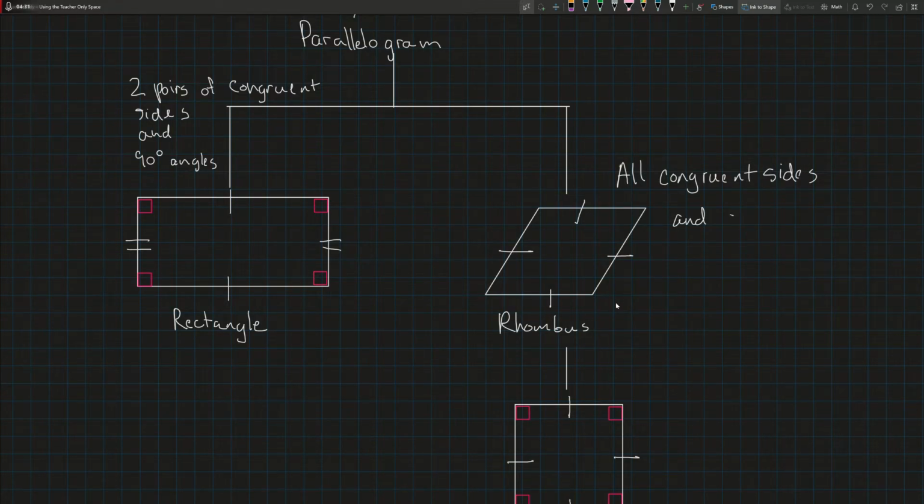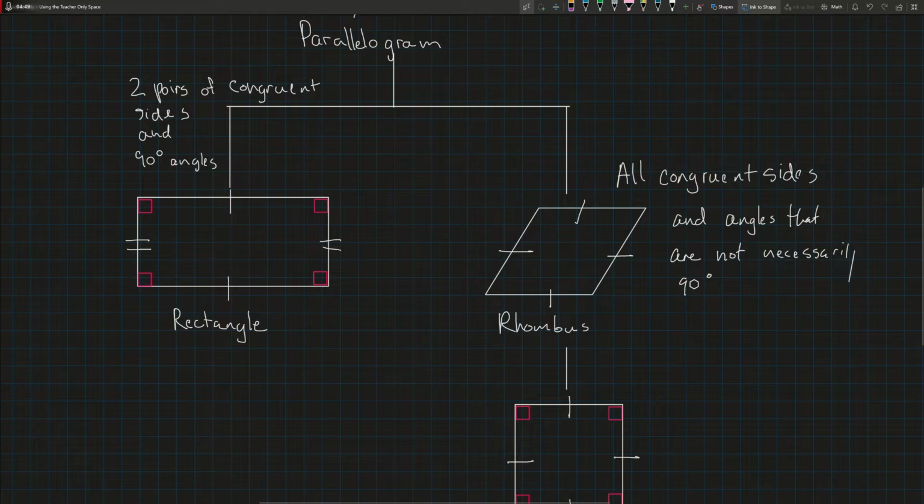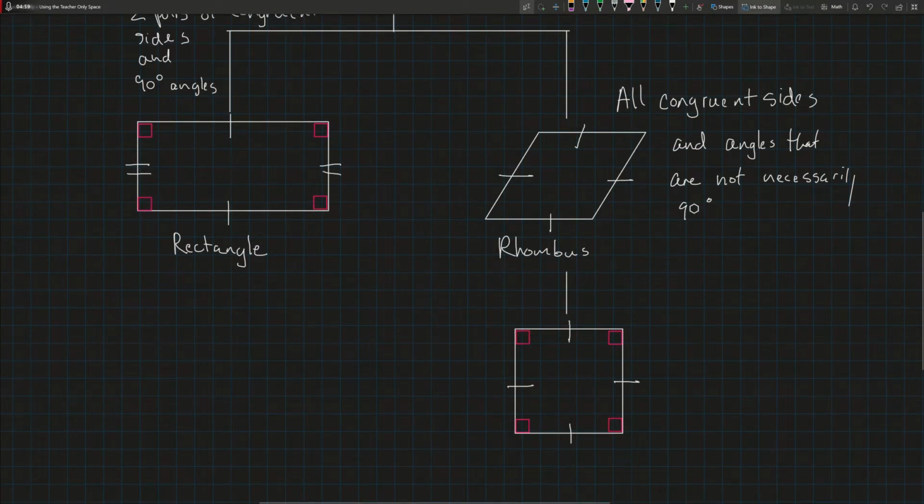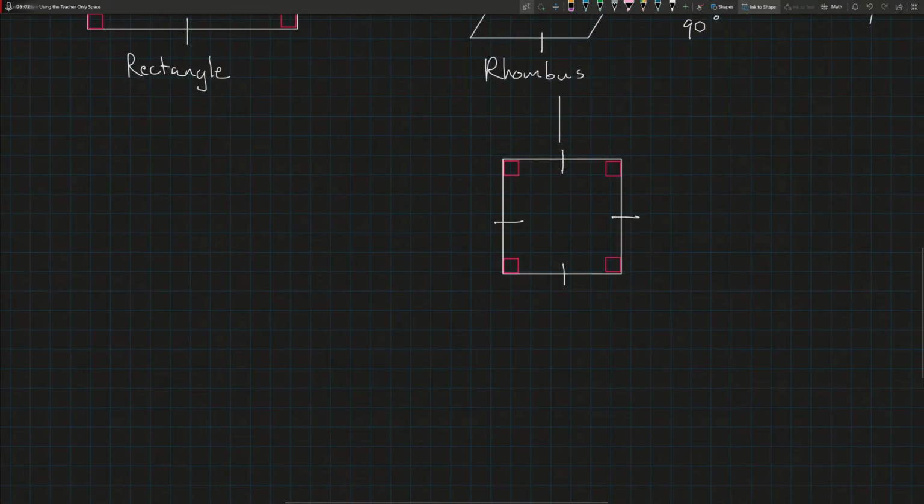Let me write here, and angles that are not, and the key word is necessarily. So here we have a rhombus. Some people might call this a diamond, but we're going to stick with the word rhombus. If we force the angles to be 90 degrees, we of course get a square.